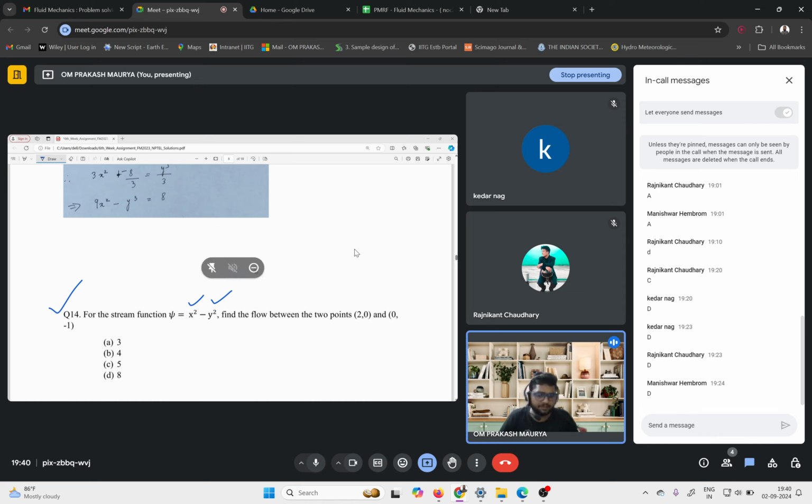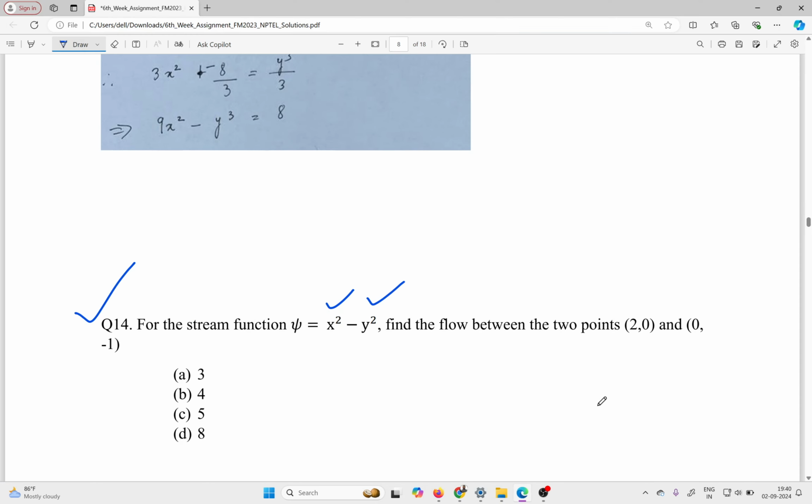Okay, let me discuss. Here you need to calculate the flow between 2 points. So what is phi 1 minus phi 2? This is the formula.